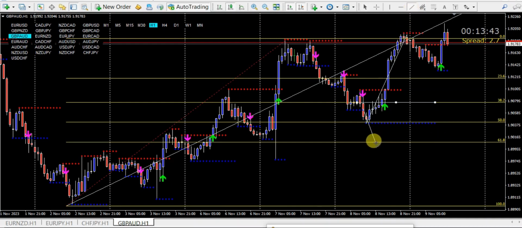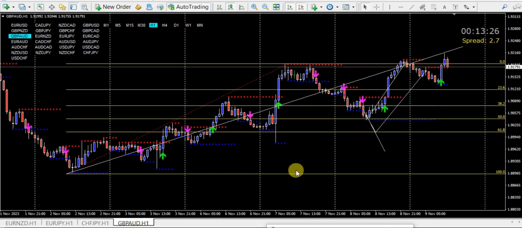So if the price now didn't go back from this place and just slashed through to this point, know that this is almost becoming, in fact, let's now call it a total reversal. So that is how to use these things.